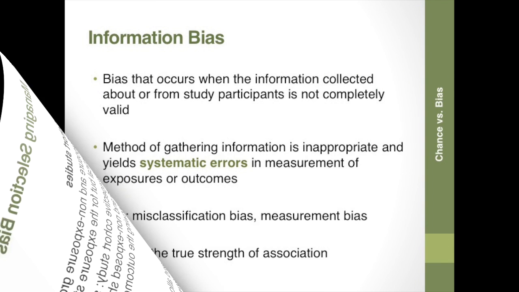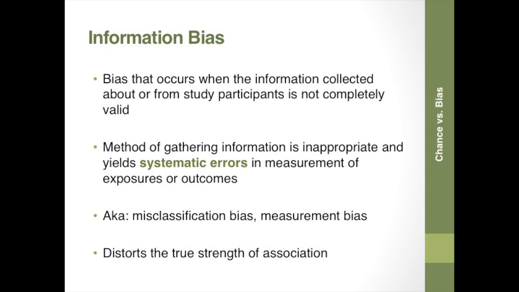The second big type of bias in research is information bias, which occurs when the information collected about or from study participants is not completely valid. It's also known as misclassification bias or measurement bias, and it distorts the true strength of the association.